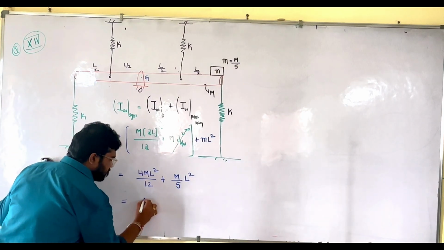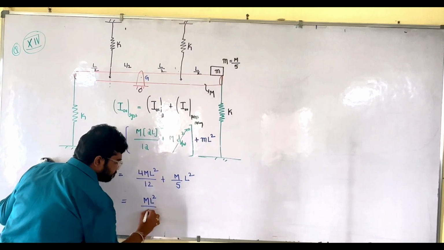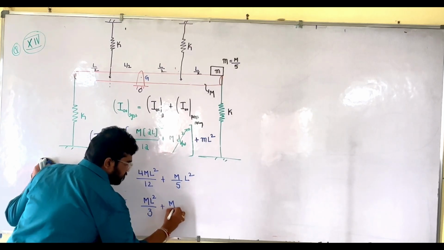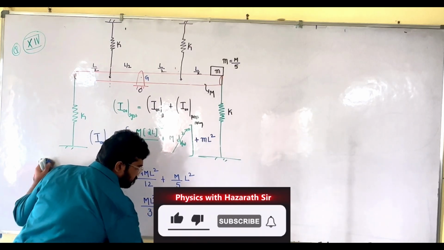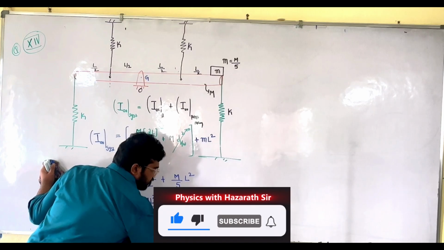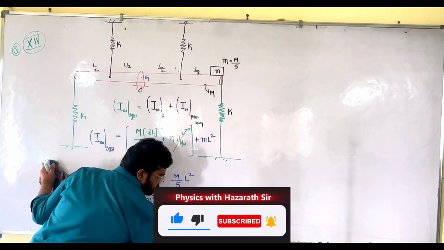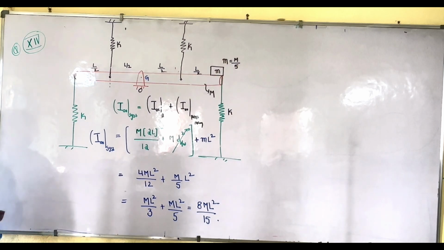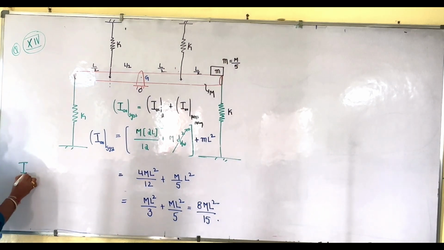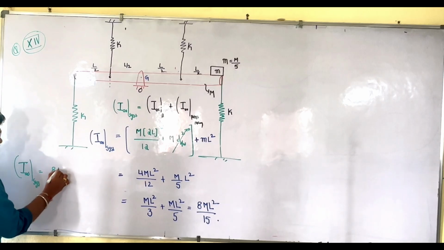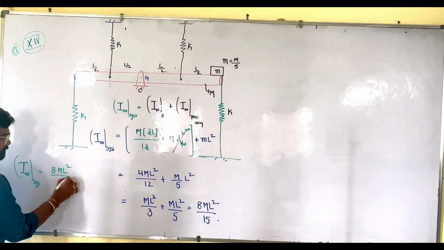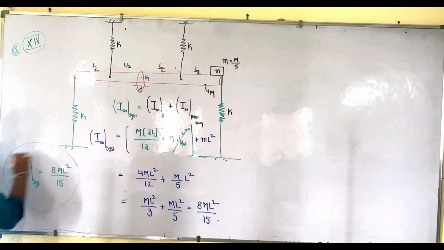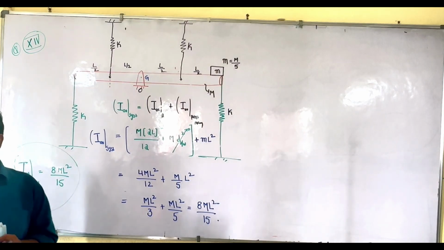This is ml square by 3 plus ml square by 5, that is 8 ml square by 15. That is IOO of the entire system, equal to 8 ml square by 15. Understood?